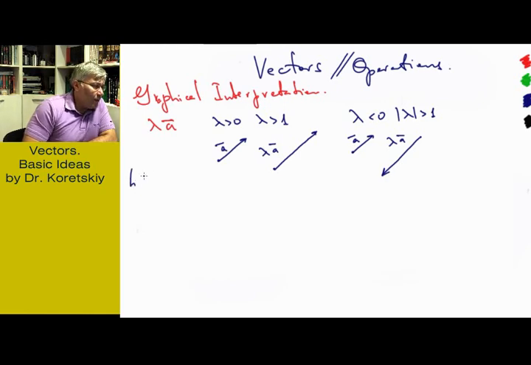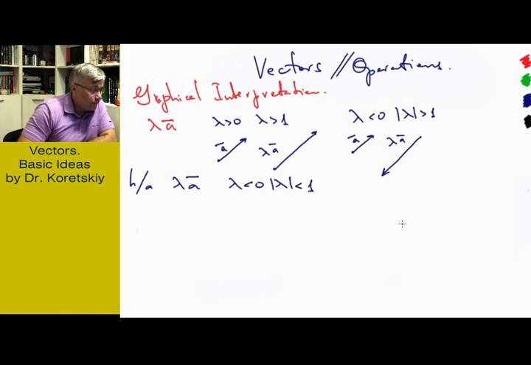Your home assignment here: you have to draw this situation with two situations, when lambda is less than 0 and its magnitude less than 1, and then lambda positive but its magnitude less than 1.